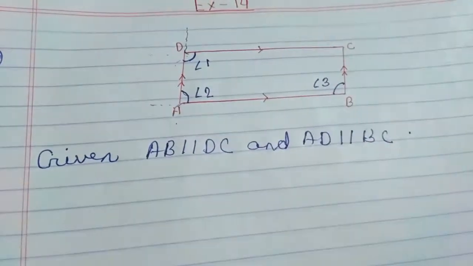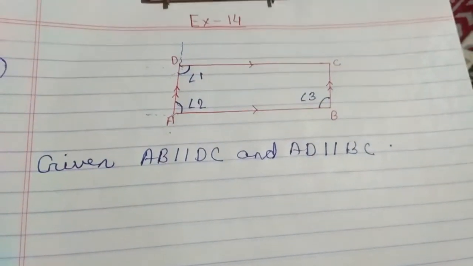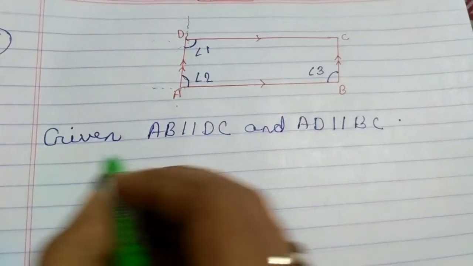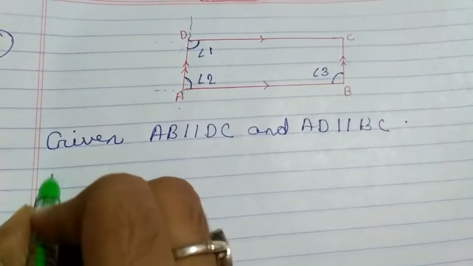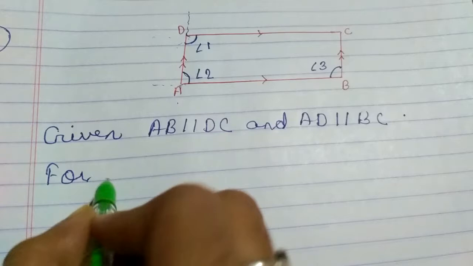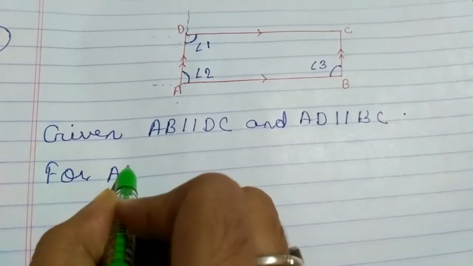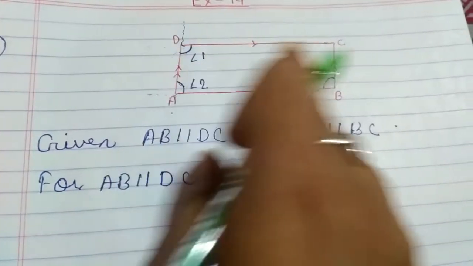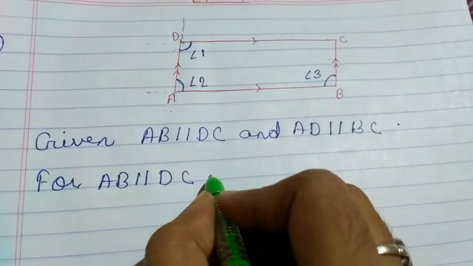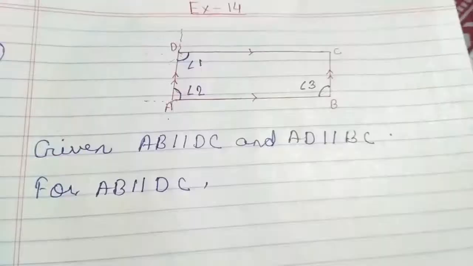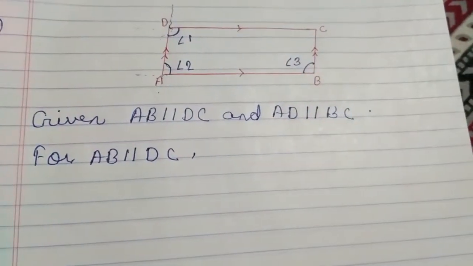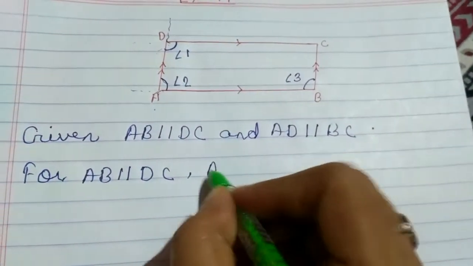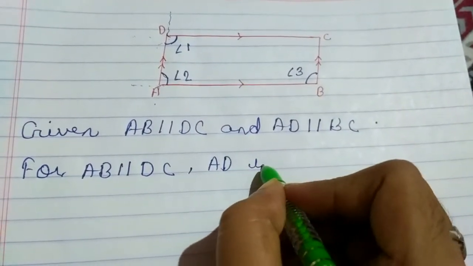So remember the property for parallel lines. Understood? So first you have to write down here: for AB parallel to DC, your AD will be a transversal. Right here, AD is a transversal.